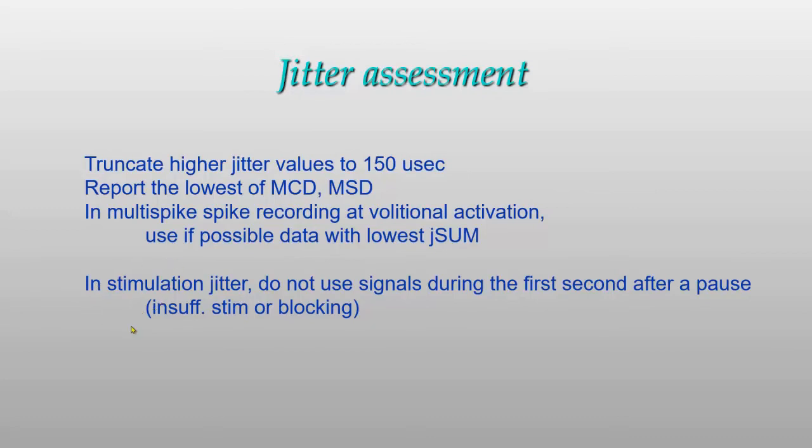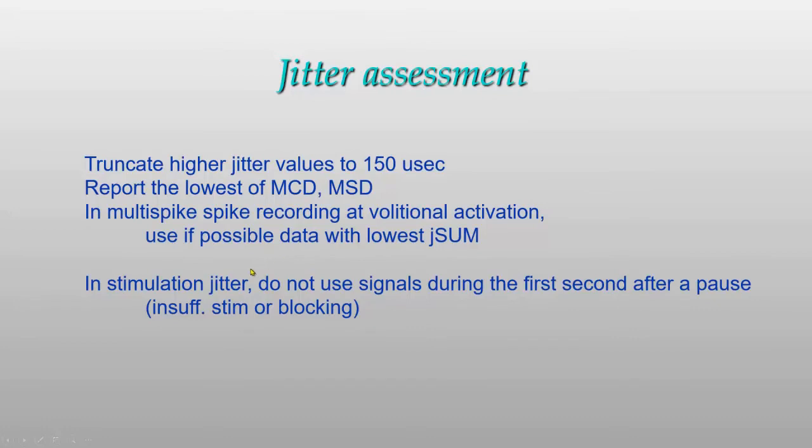We measure jitter in two ways, either as mean consecutive differences or mean sorted differences. Many devices can do both, and we use the lower of them for each recording. If possible, we should find a trigger that gives the lowest total jitter in a multi-spike recording.